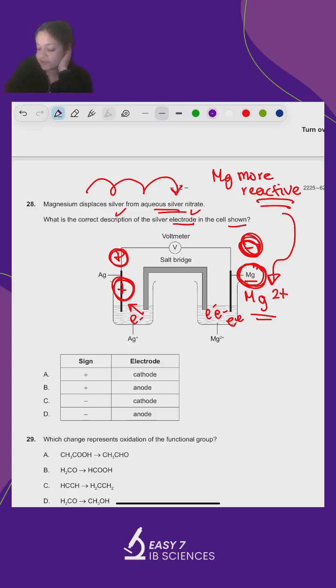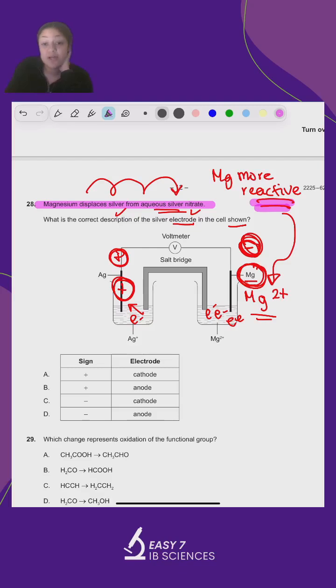Basically, the first statement here, magnesium displaces silver from aqueous silver nitrate, that tells you which one is more reactive. So if magnesium can displace silver, it can push silver out of the silver nitrate, that means it is more reactive. If magnesium is more reactive, that means it's better at being a metal.